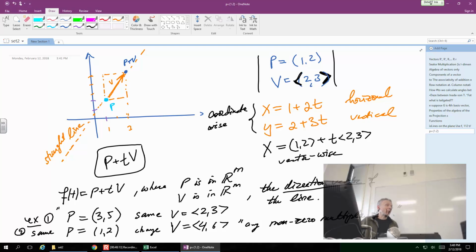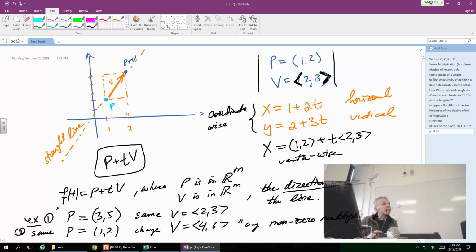Suppose the velocity is the same. Where else can you start with the same velocity so that you will trace the same path? Anywhere? Where?